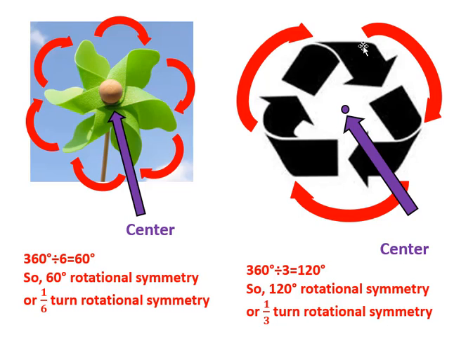Okay, the recycling symbol. If we start here, we turn it once, it matches up, twice it matches up, 3 times it matches up. So 360 divided by 3 is 120 degrees. So it'd be 120-degree rotational symmetry, or we could simply say 1/3 of a turn rotational symmetry.